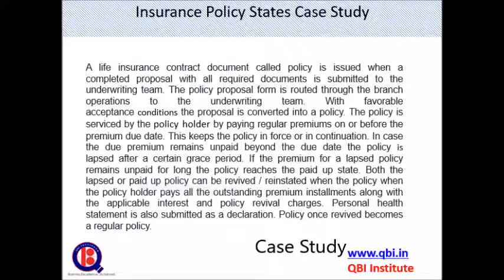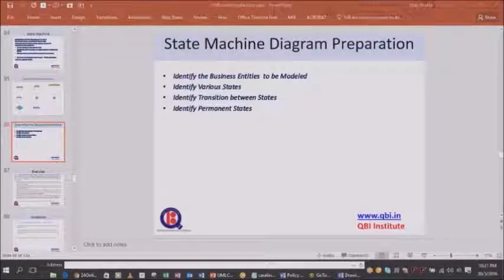Now we will prepare the state machine diagram for this case study. In the insurance system, insurance policy moves from one state to another. That's what has been documented in this case study.